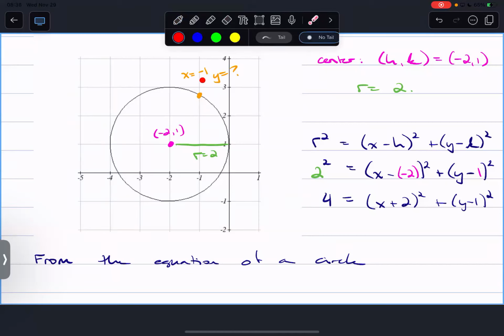If I force x to be -1, I actually have another option. And so here, x is also -1, and y is a different value than the one up top. That's visually clear.